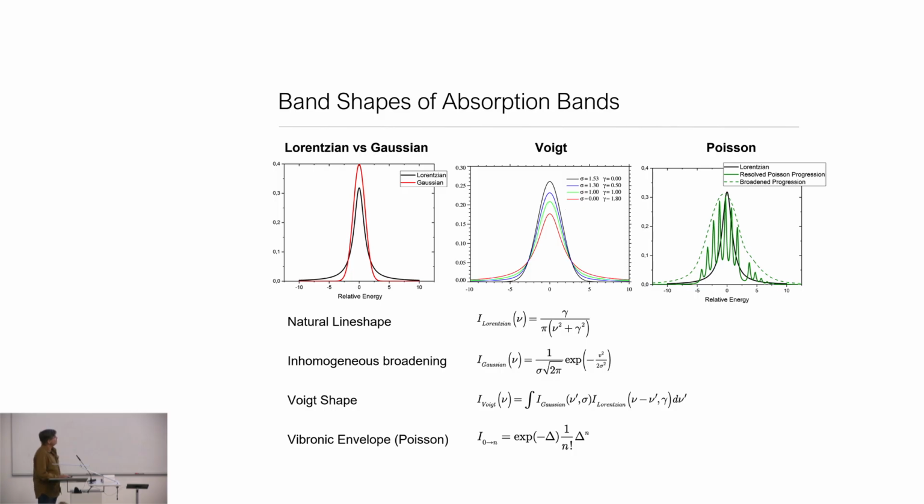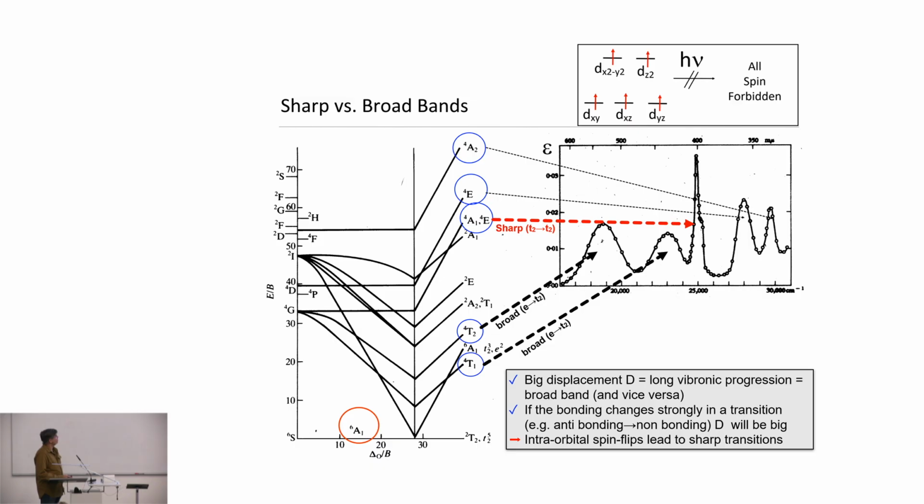I wanted to give you one real life example that is quite illuminating, I think, and that is the spectra of high spin d5 systems. That's the so-called Tanabe-Sugano diagram, where you see that you have a sextet S ground state and then a bunch of quartet excited states. So these are all spin forbidden transitions with very, very low intensity.